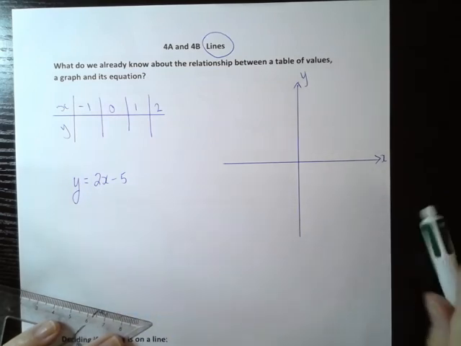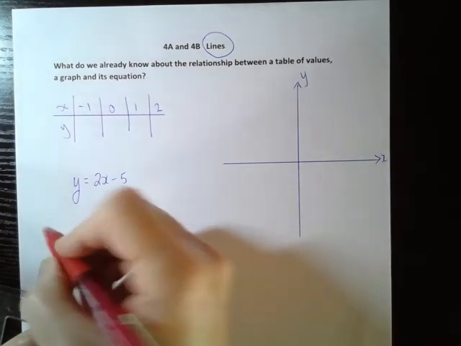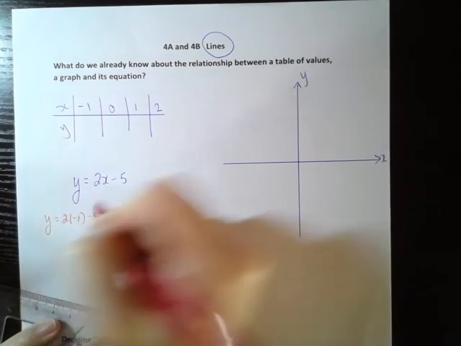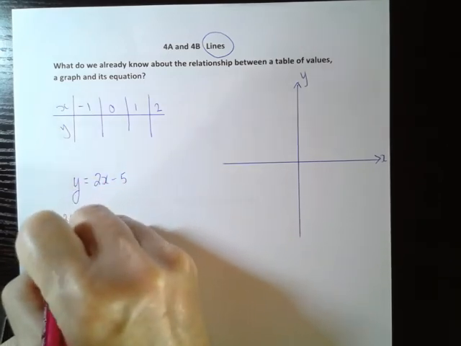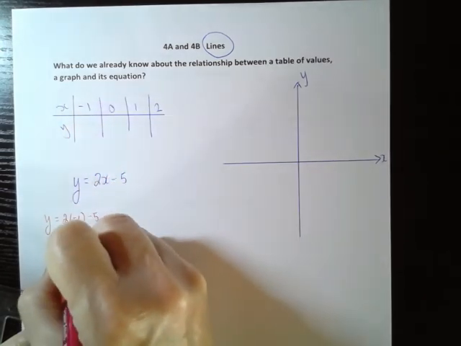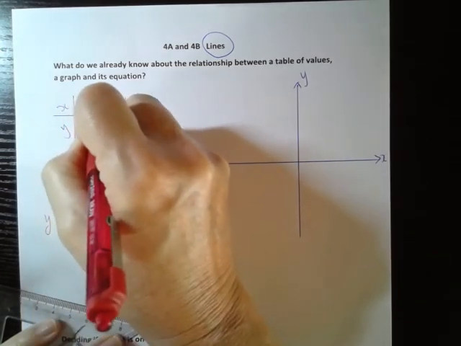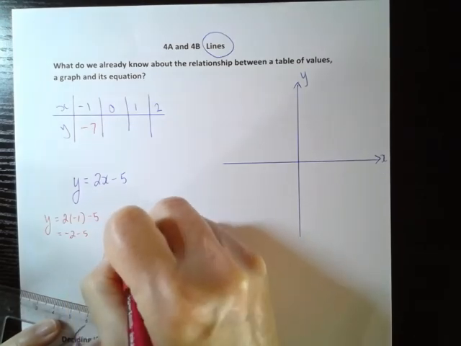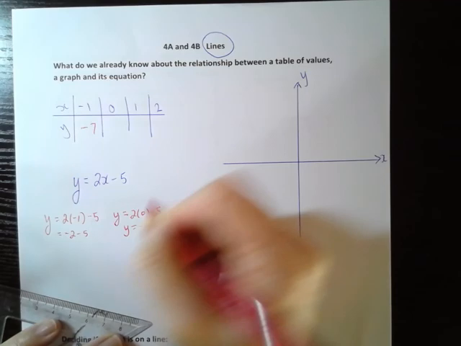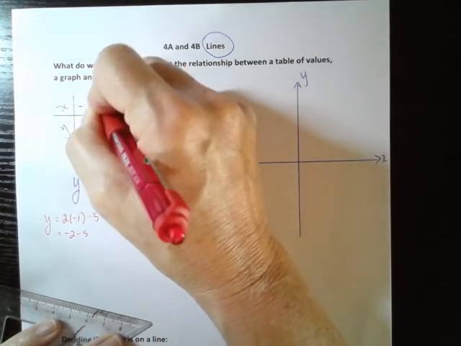So I would go like this. I'd go y equals 2 times negative 1 minus 5, which equals, when I put negative 1 in for x, negative 2 minus 5, or negative 7. Then I'd go y equals 2 times 0 minus 5, so y equals negative 5. Now this is a special thing right here.